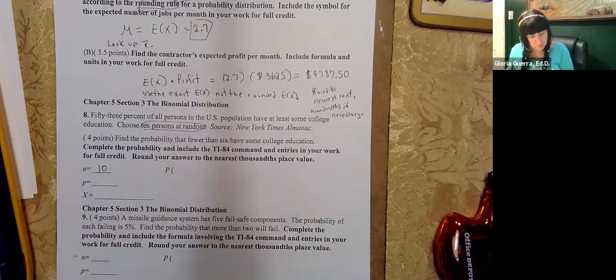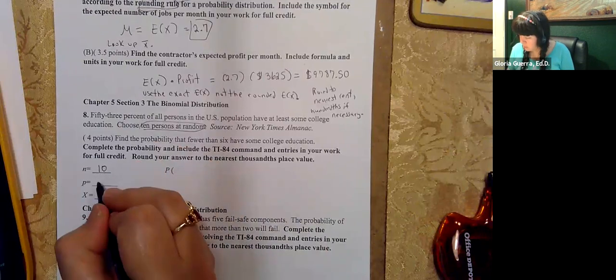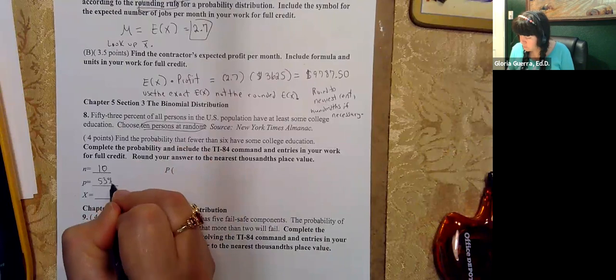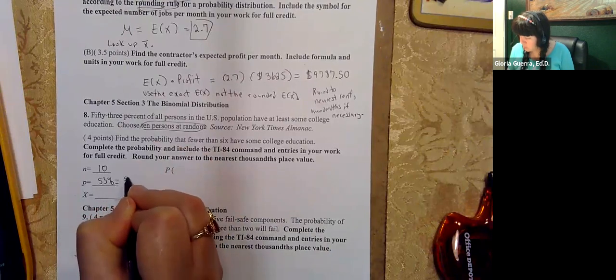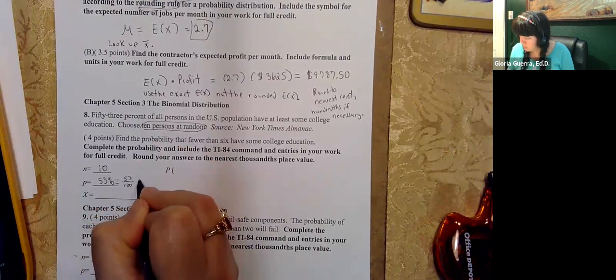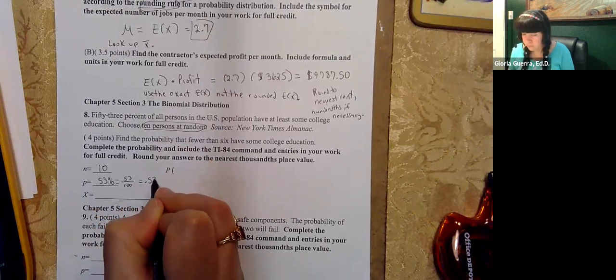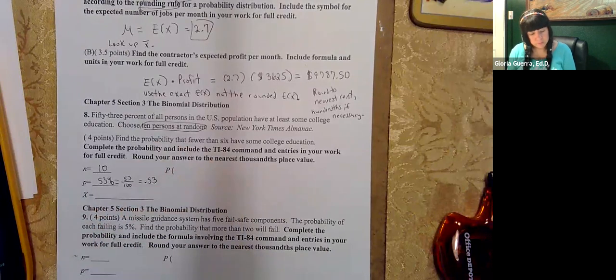And then the 53%, that's your probability. 53%, so that's 53 over 100, which should be 0.53, right? And then the keyword is have at least some education.